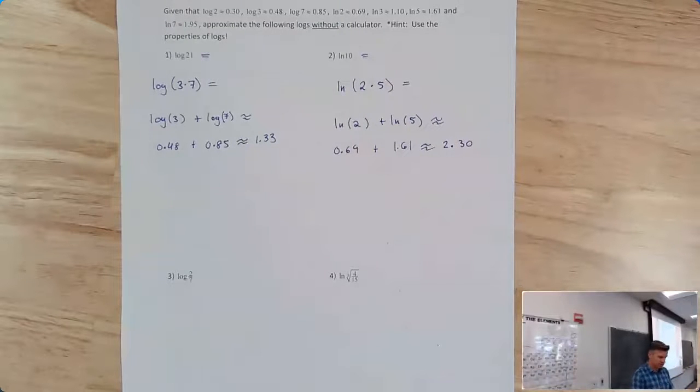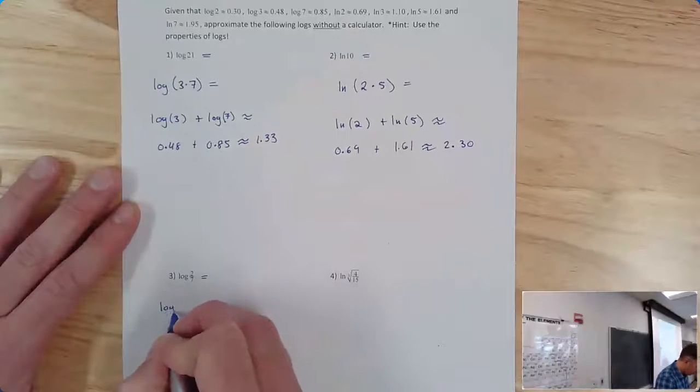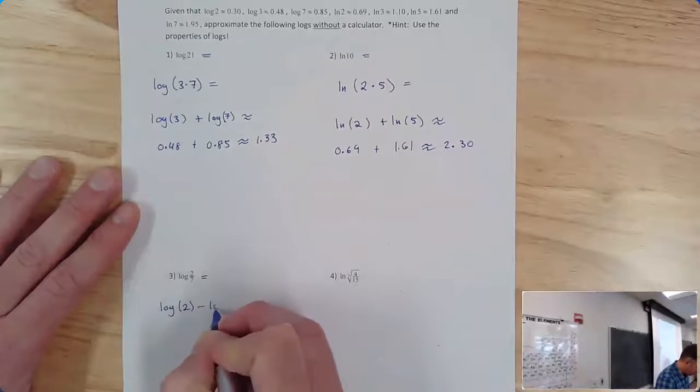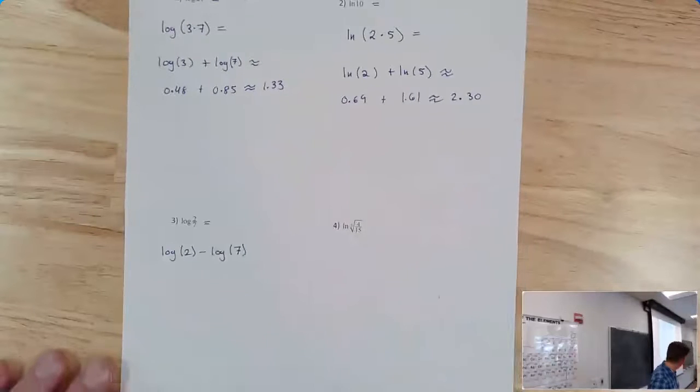Hopefully this next one is not too terrible. Log of 2 over 7. I think the division rule is the one that's screaming at us here. If I have the log of 2 divided by 7, I'm going to write that as the log of 2 minus the log of 7. After this one, I'm going to throw an extra one in there.